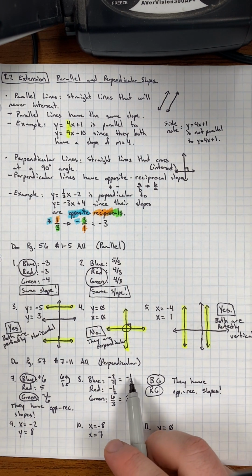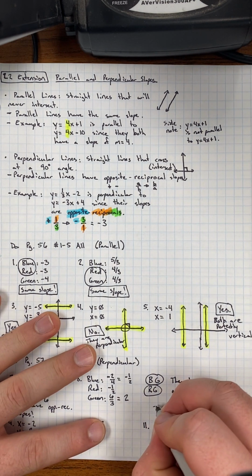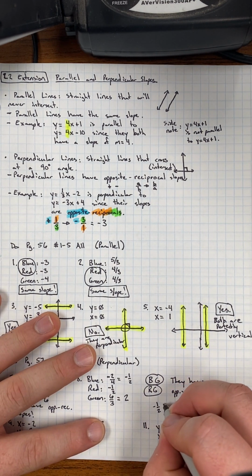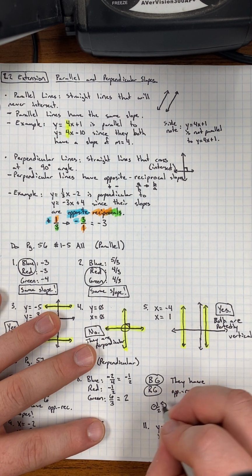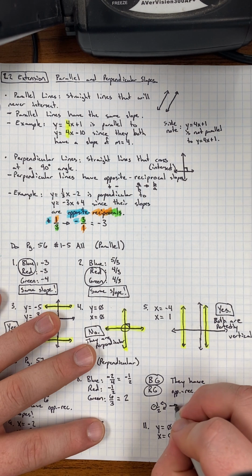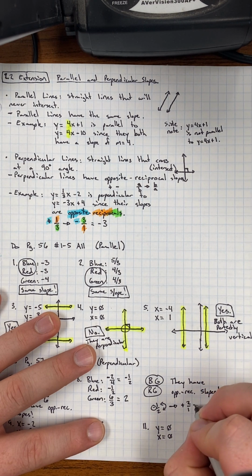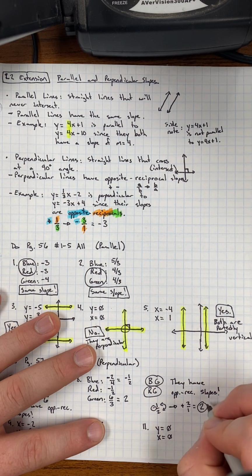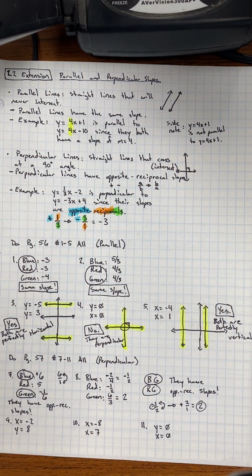Well, it is, because -1/2, if I were to flip -1/2, so let's take -1/2 and let's flip it and change the sign, right? It's going to change to positive 2 over 1, which is the same thing as 2. And that's exactly what we have for green here, okay? So we know that they are perpendicular.